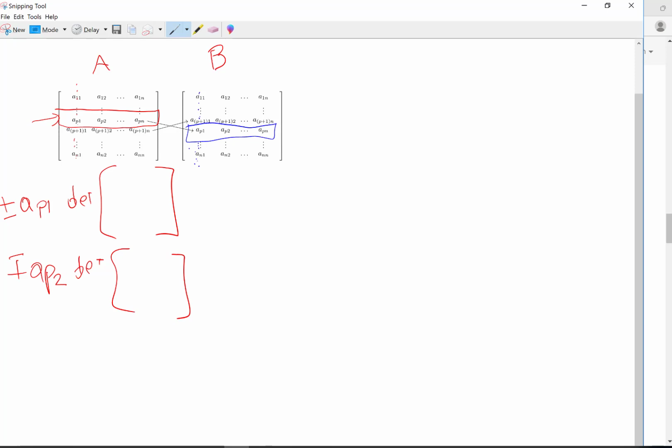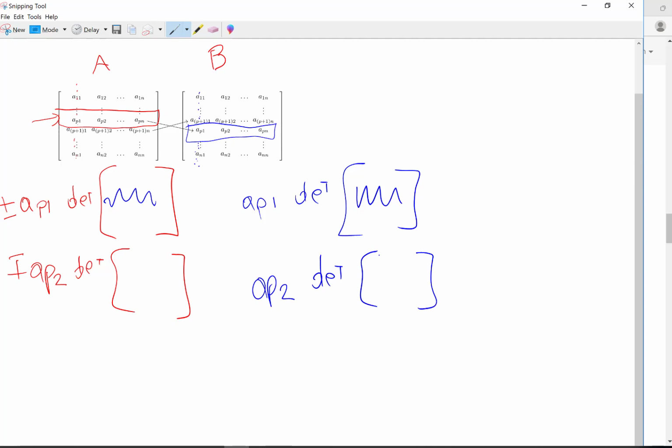So once again, it's AP1 times the determinant of a matrix that's exactly the same as that. And AP2, whatever this determinant is, the leftover piece is exactly the same. So whatever this is, this is.